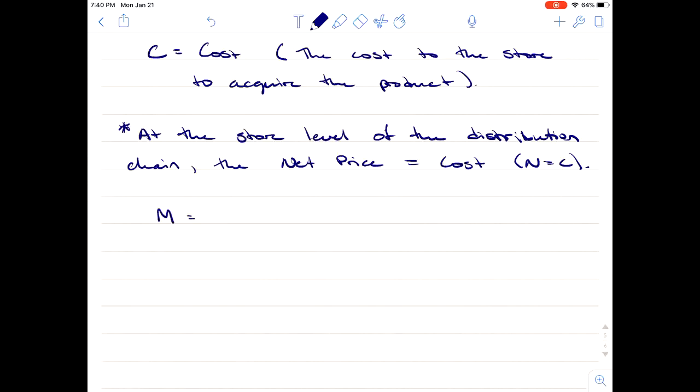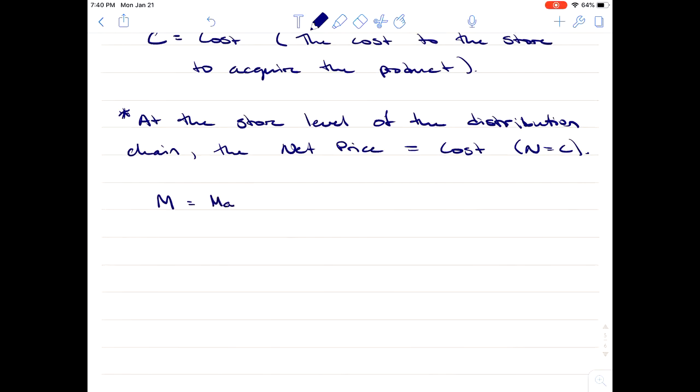Capital M is the markup. So this is basically the amount that you make on top of the cost, right? So the markup includes your expenses, your overhead expenses, right?